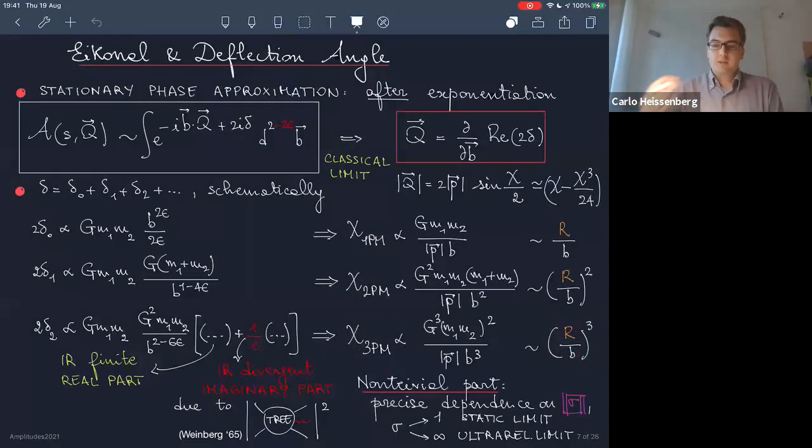And the non-trivial task that we face is to calculate the precise dependence in front of it on the velocity of the two bodies, or equivalently on the relative Lorentz factor sigma, which is nothing but 1 over square root of 1 minus v squared, where v is the relative velocity.